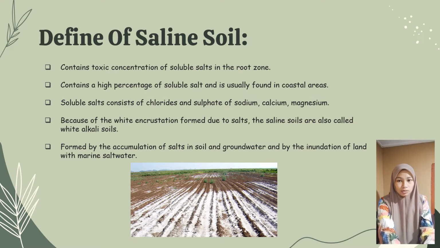Soluble salts consist of chlorides and sulfates of sodium, calcium, and magnesium. Because of the white incrustation formed by salts, saline soils are also called white alkali soils, formed by the accumulation of salts in the soil and groundwater and by the inundation of land with marine salt water.